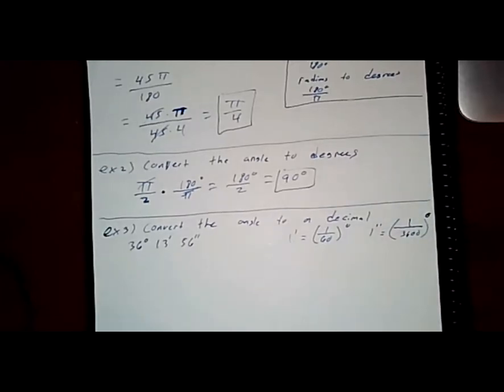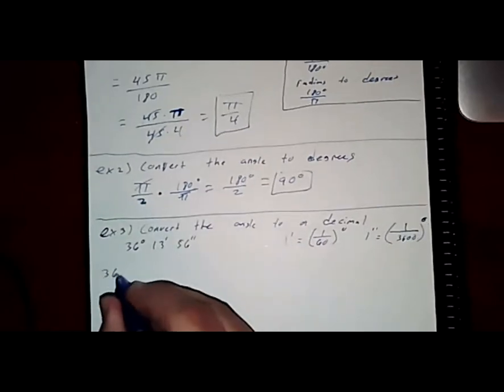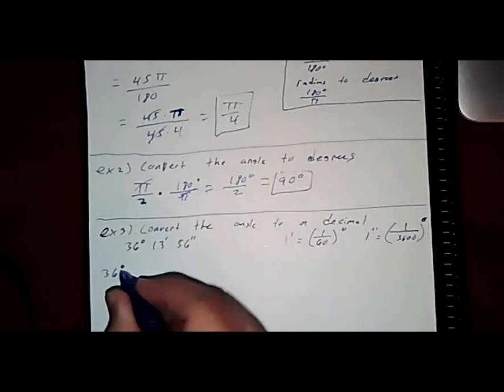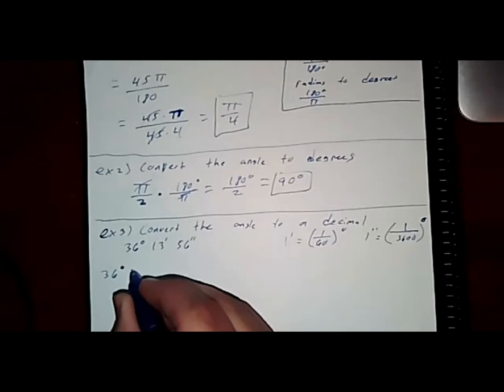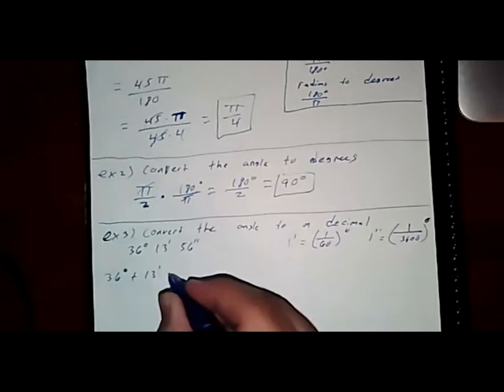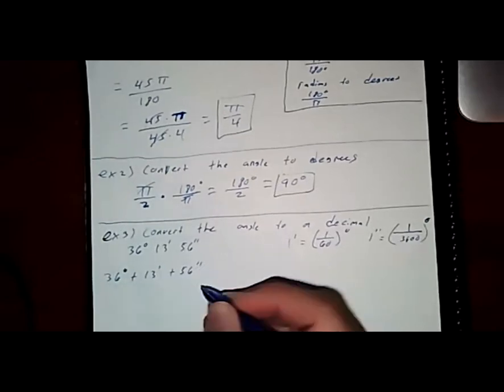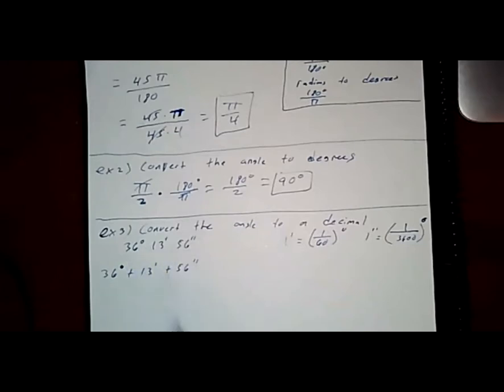Okay. So we're going from minutes to degrees, seconds to degrees. So this is what you do. You rewrite the question as 36 degrees plus 13 minutes plus 56 seconds, because really, that's what it means. Like on the ruler, we have 3.5 inches or 3 and 2/4.